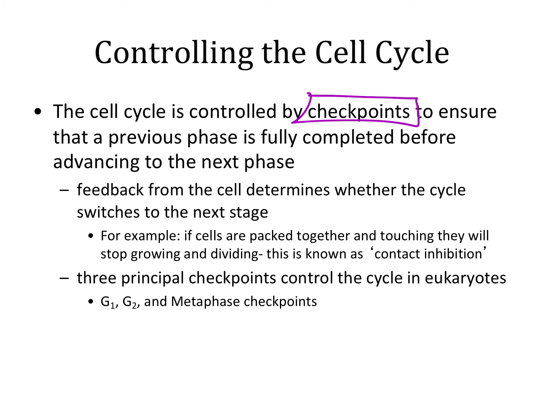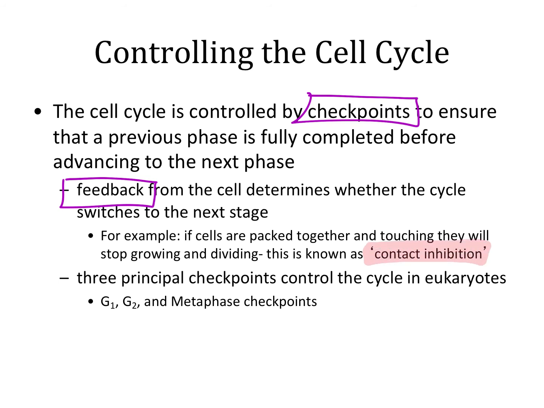In order to ensure that everything is accurate, we have these checkpoints here. We get a lot of feedback from the cell. The cell provides its own feedback, which allows it to either advance to the next part of the cell cycle or not. One of the biggest types of feedback is the feedback that determines whether or not we enter into the S phase. One of the ways that cells do this is through a process known as contact inhibition.